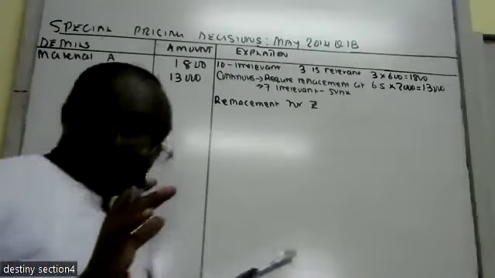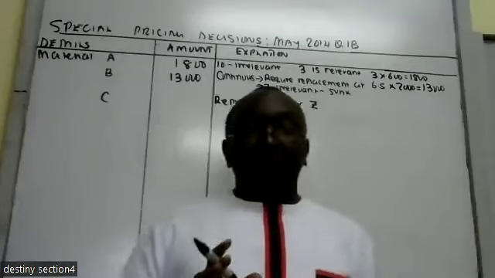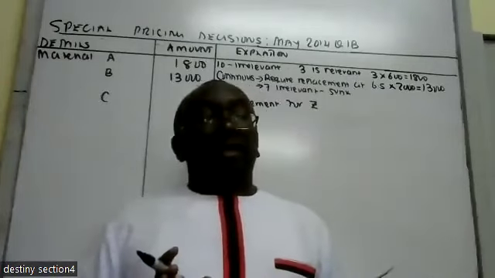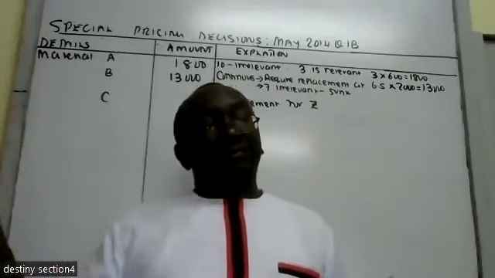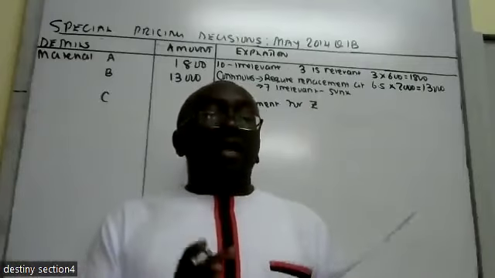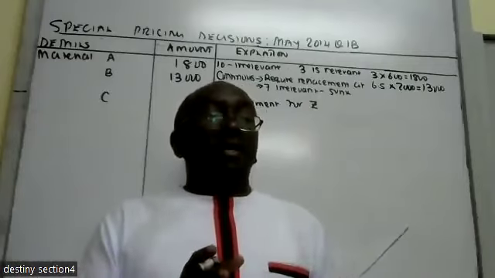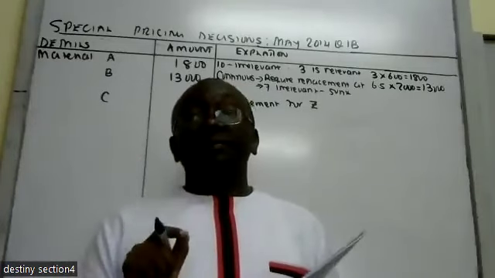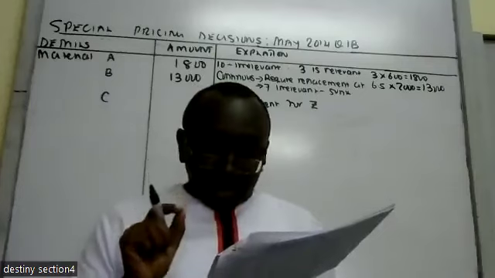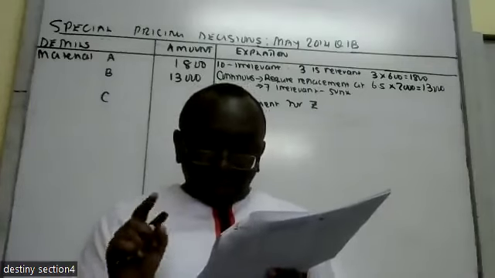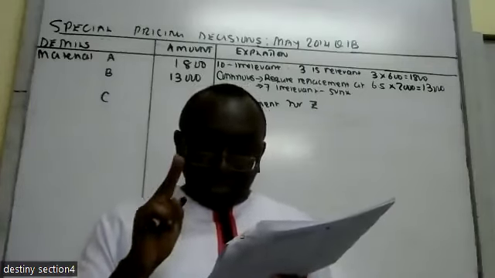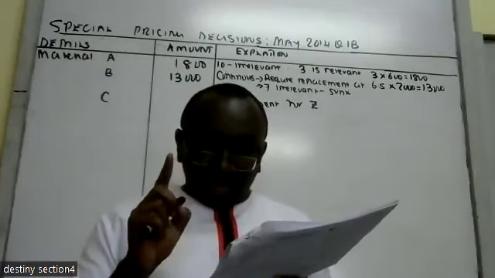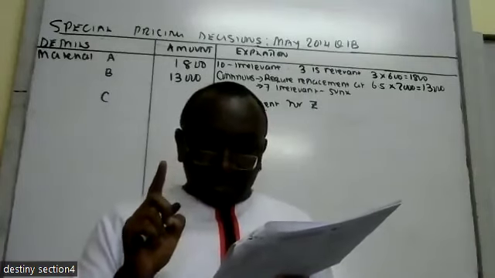Tunaambiwa if you do not use this material C, hautanunua Z. But ukitumia, it will require that you buy what? Z. So you are going to deal with the cost of Z. Alafu tunaambiwa hapa that for every 2 kilos of C, they represent 1 kilo of Z.